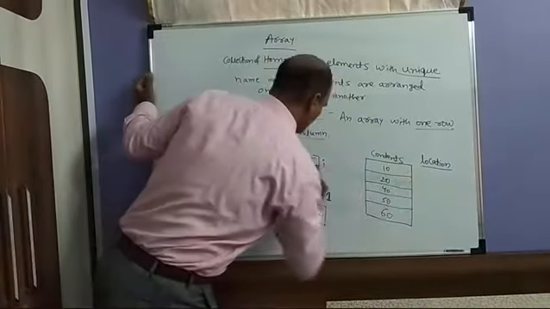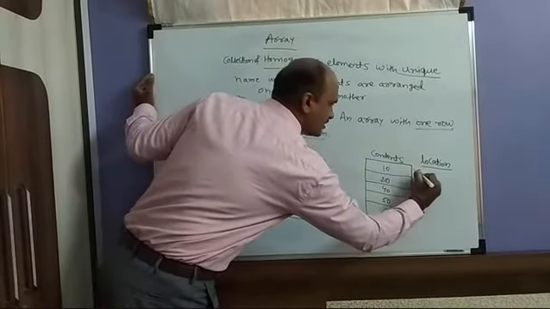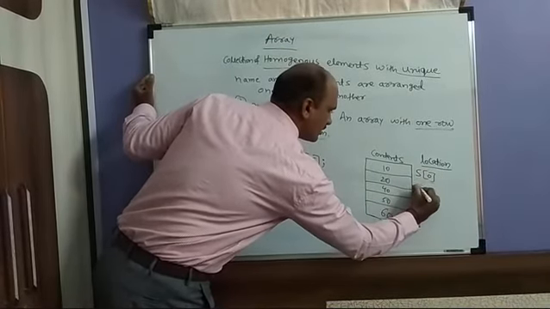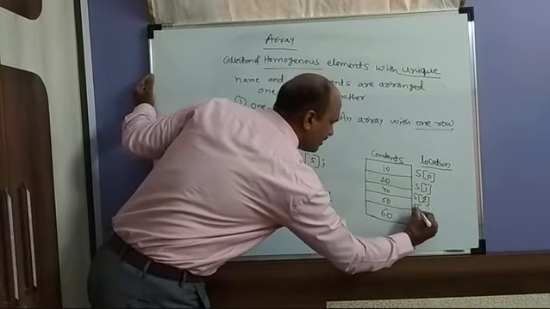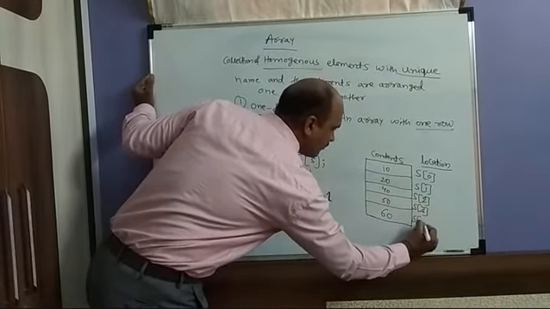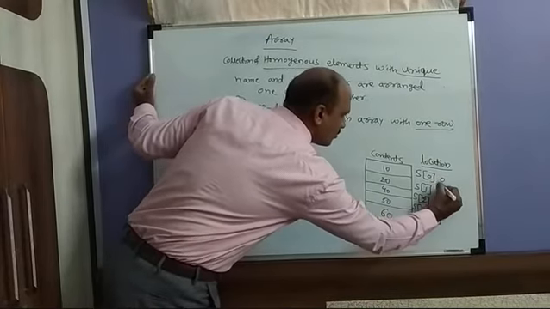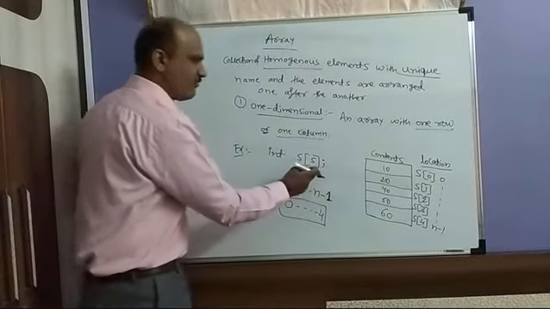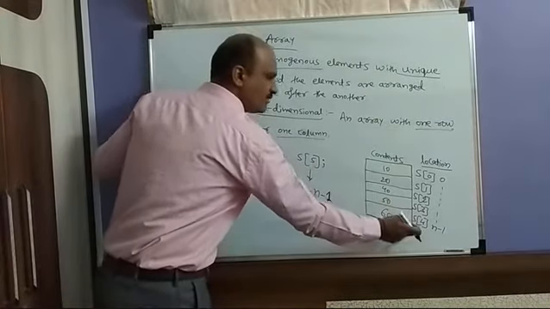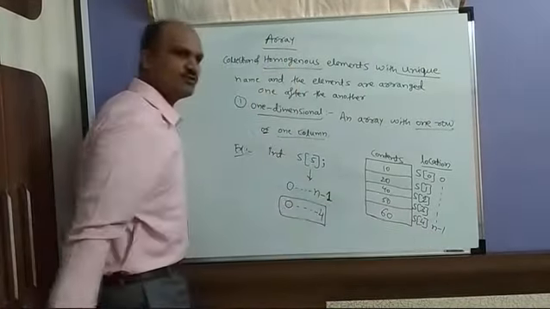Since the array name is S, it starts with S0, S1, S2, S3 and S4, because it is 0 to n minus 1. With 5 elements, 5 minus 1 becomes 4.